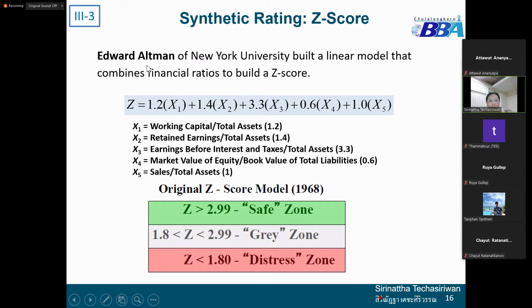The Z-score was developed by a professor at NYU. We can also call it Edward Altman's ratio, the Z-score ratio. It has been proved that it has some prediction power on credit rating.